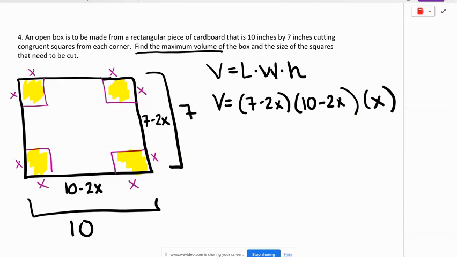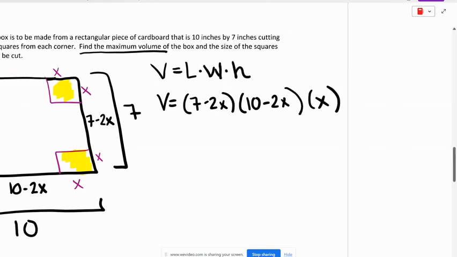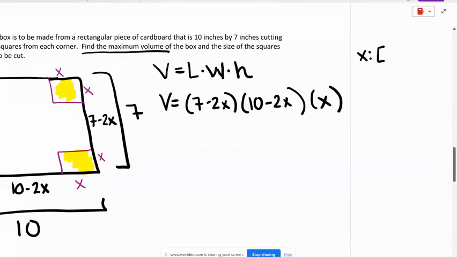Is there another equation here? No, this is it. Everything's in terms of x, right? We don't need another equation. I will tell you the window. The x window is going to be 0 to 10. The y window will be 0 to 100.